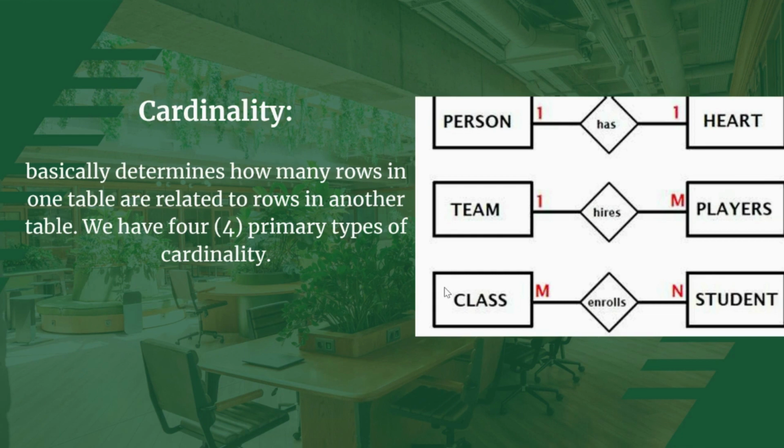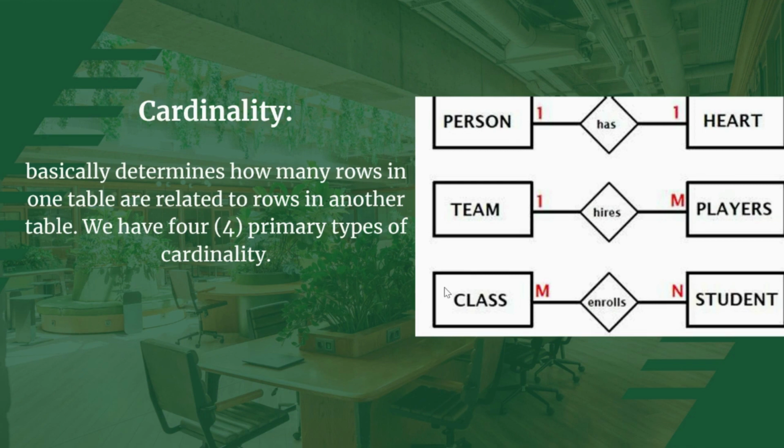In the one-to-one cardinality, that's a type of relationship whereby each row in one table corresponds to exactly one row in another table. In the one-to-many cardinality, one row in a table corresponds to many rows in the second table.